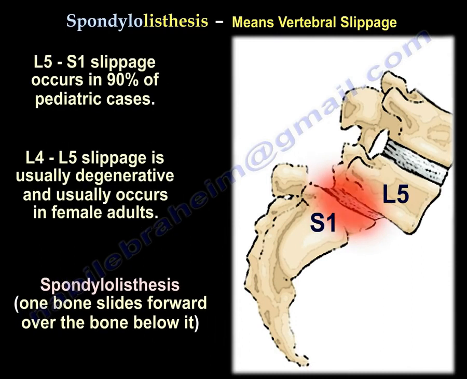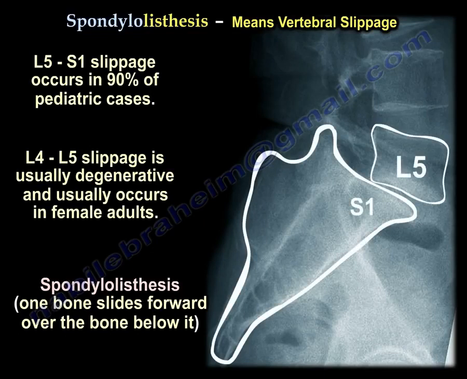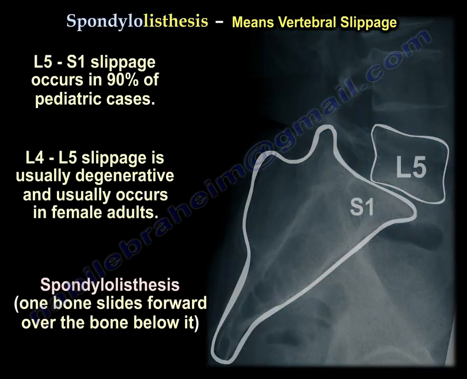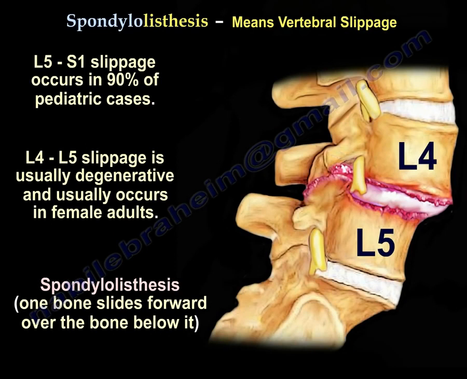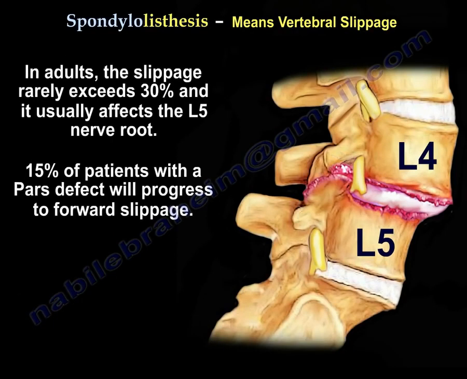It usually occurs at L5-S1 in the pediatric population and L4-L5 in females in adults. In adults, the slippage rarely exceeds 30% and it usually affects the L5 nerve root.